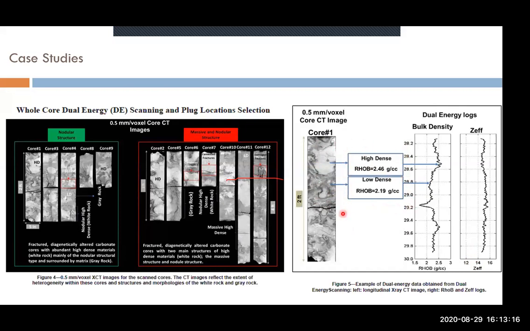It's a solution that can be provided for the whole core here based on the dual CT scanning, when you can create this kind of log profile here based on, for example, the density and the atomic number.